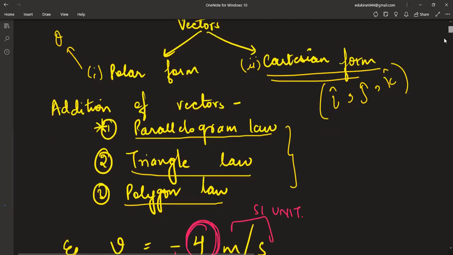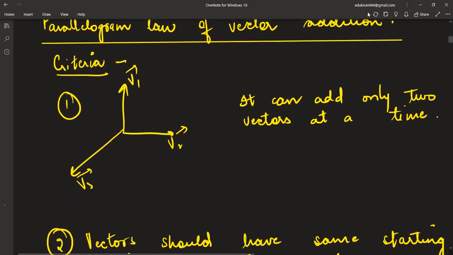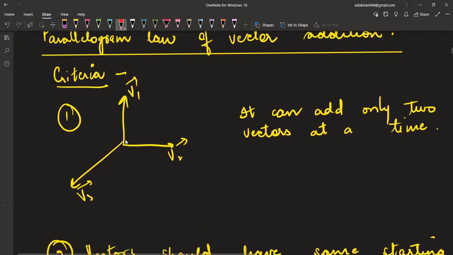All right. See, parallelogram law of vector addition. The criterion that we have is that it can add only two vectors at a time. Suppose V1 is there, V2 is there, and V3 is there. So parallelogram law cannot add more than two vectors. V1, V2 are there, so it will first add them and have its resultant first.